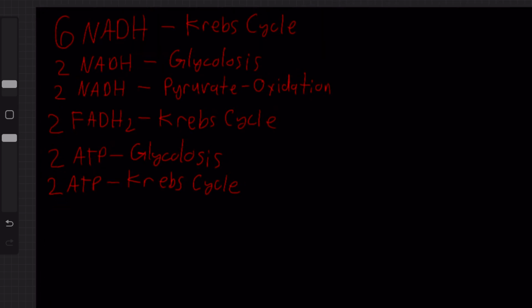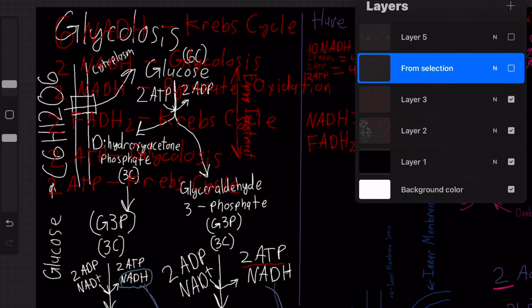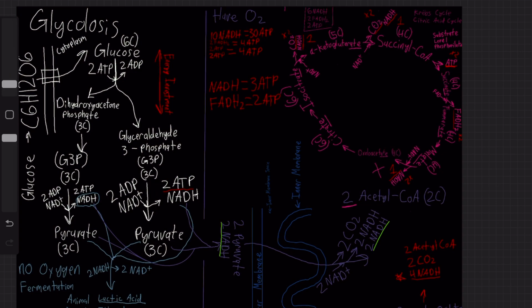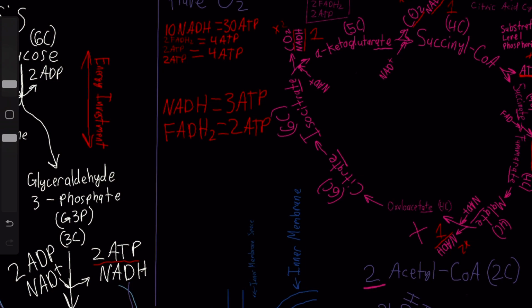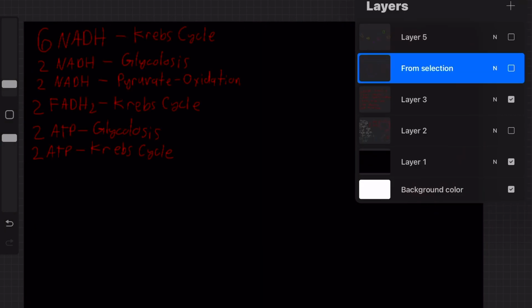This is just from the previous slide that we were going over. The last thing we talked about after the Krebs cycle was our net gain of NADHs, ATP, and FADH2. So I put that all in one slide here.